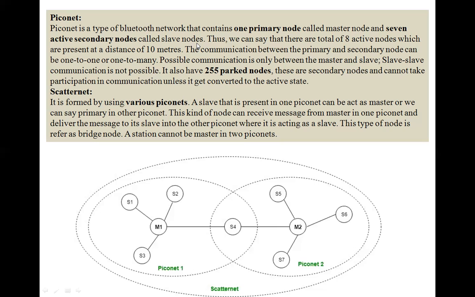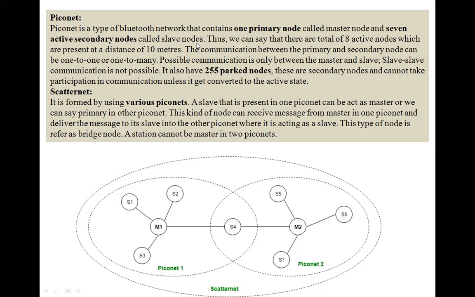The total active nodes are present within a distance of 10 meters. The communication between the primary and secondary nodes can be one to one or one to many. Possible communication is only between the master and slave. Slave to slave communication is not possible.